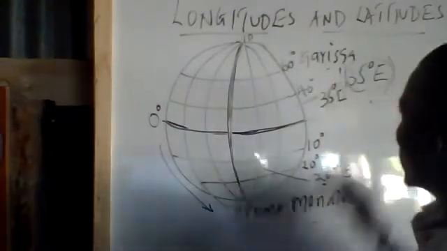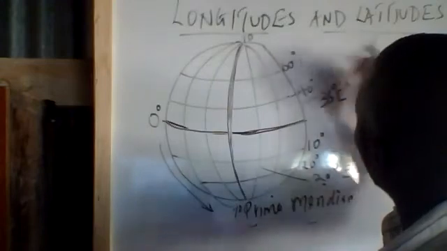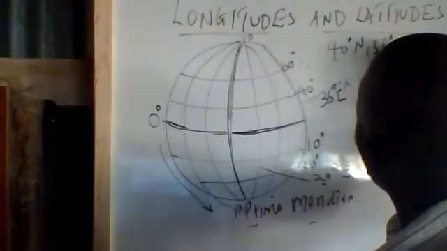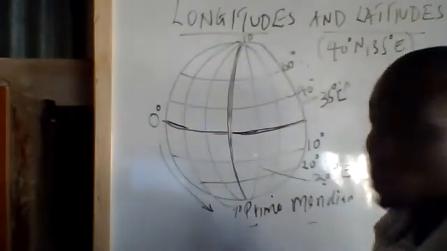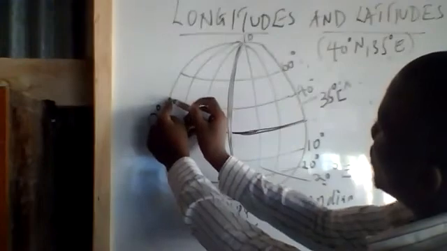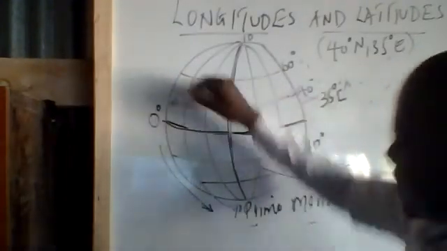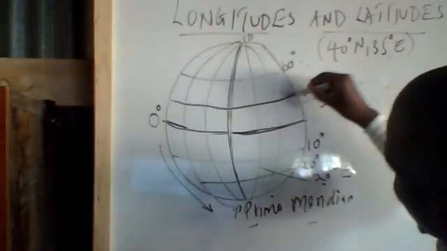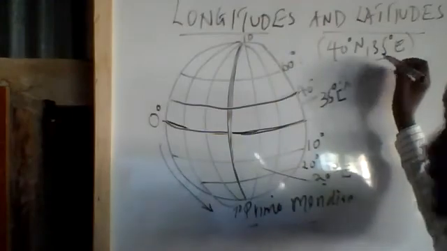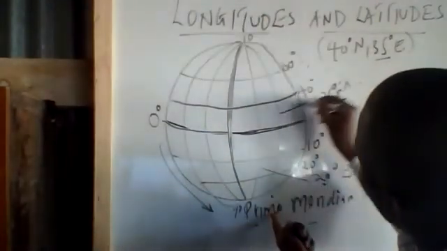Because I said, let Garissa be at the position called 40 degrees north, 35 degrees east. So, Garissa will be, we come to this particular point where we have 40 degrees north, that particular line. Then, tuangalie inaitwa 35 degrees east. This way. Inaitwa 35 degrees east ndio hiyo.